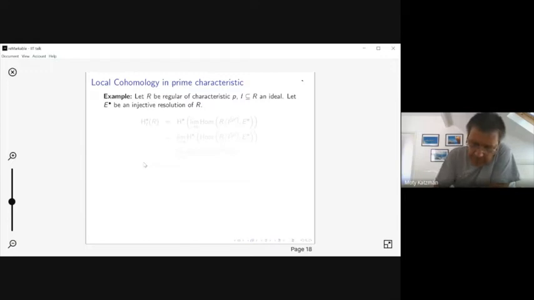which I'm going to call E. I'm going to take an injective resolution of R, and I'm going to compute for you the local cohomology modules supported in I of the R-module R. So how do I do that?